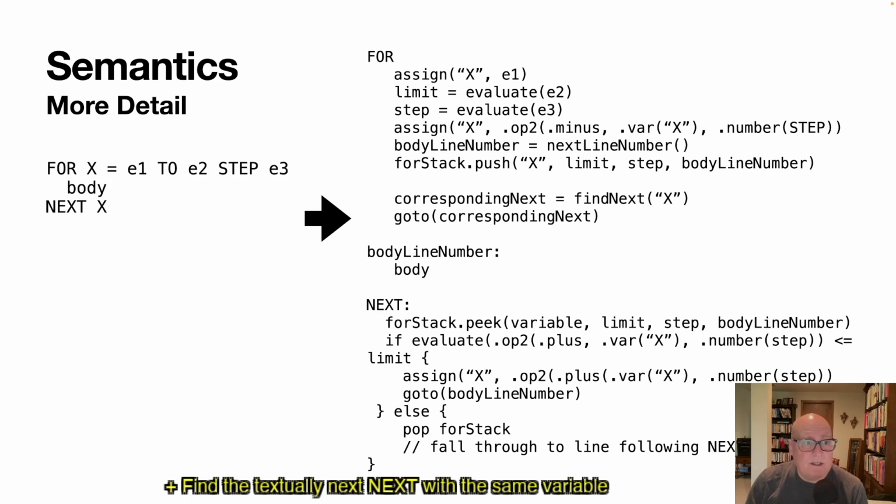Now you might be able to, I just don't know, you might be able to be more sophisticated. Like this thing of scanning forward, right? It's going to be relatively expensive for a for loop to find its next. It's a price we're paying in the interpreter. We could probably find a way to cache stuff.